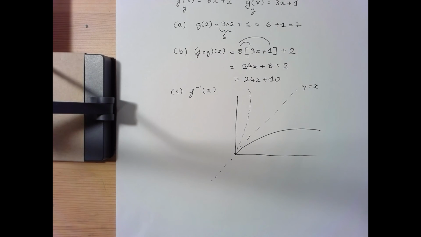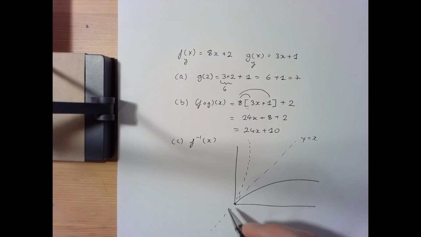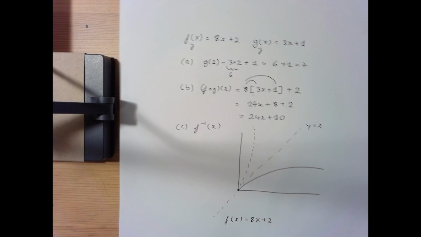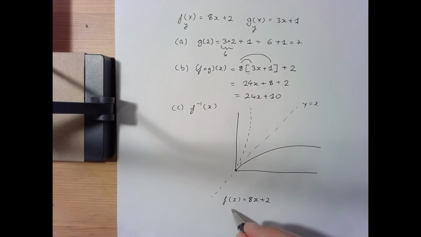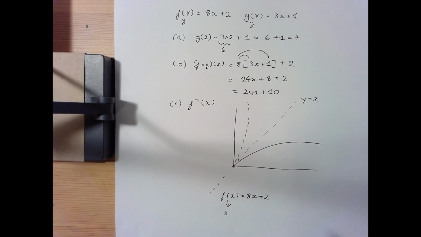So to find this, we take our f of x, which was f of x is equal to 8x plus 2, and instead of writing f of x here, we write an x, and instead of writing an x here, we write a y, right?